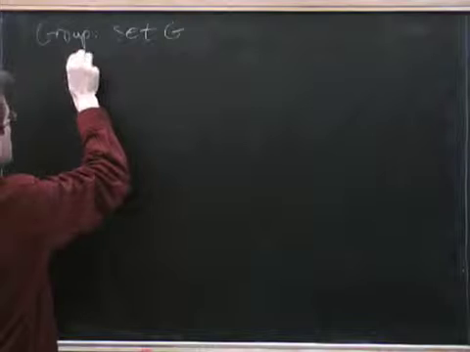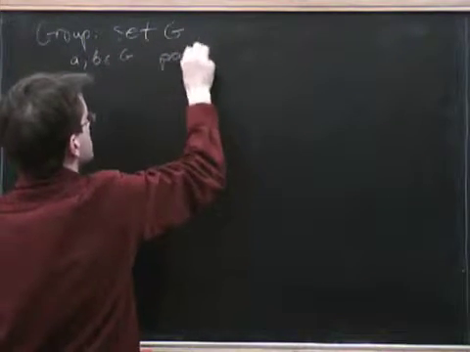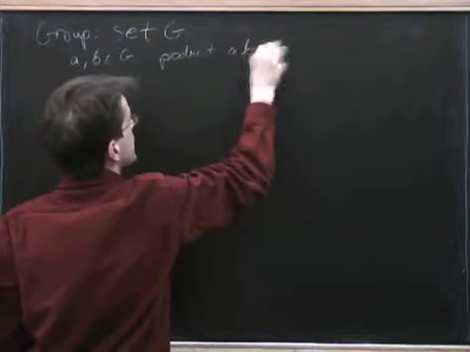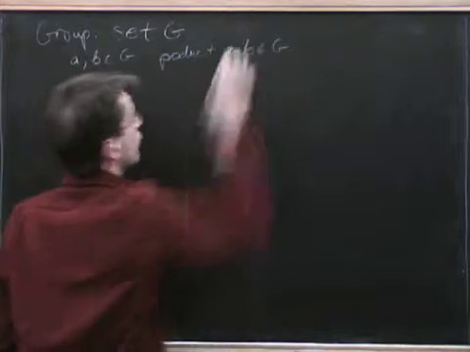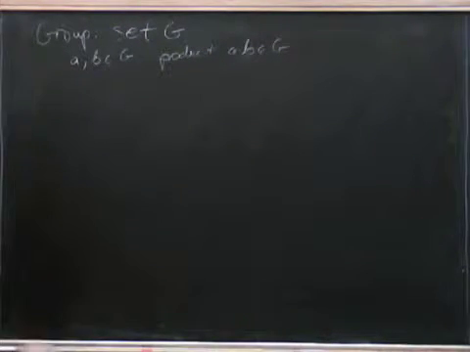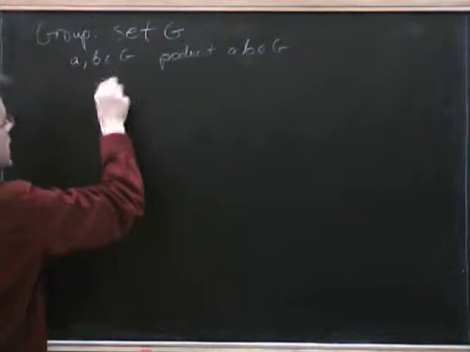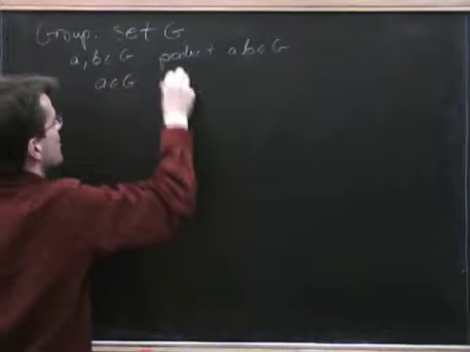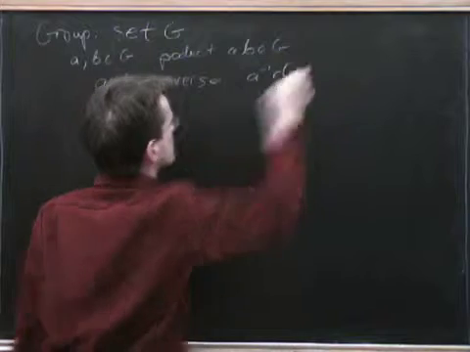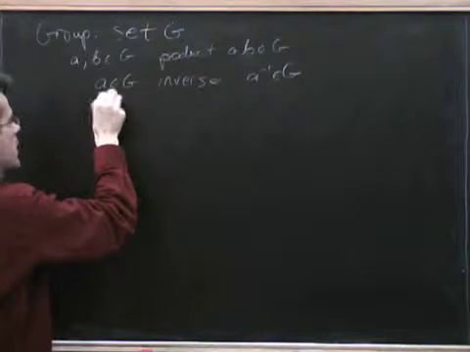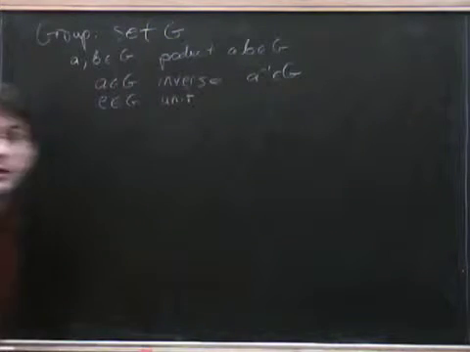If we have a pair of elements A and B in G, then we have their product AB in G, and you can put a dot there if you want to, or just use juxtaposition, so let's just write it as juxtaposition. We have the inverse, so if we have A in G, then we have the inverse, which is A inverse in G, and we also have this special element E in G, which is the unit.